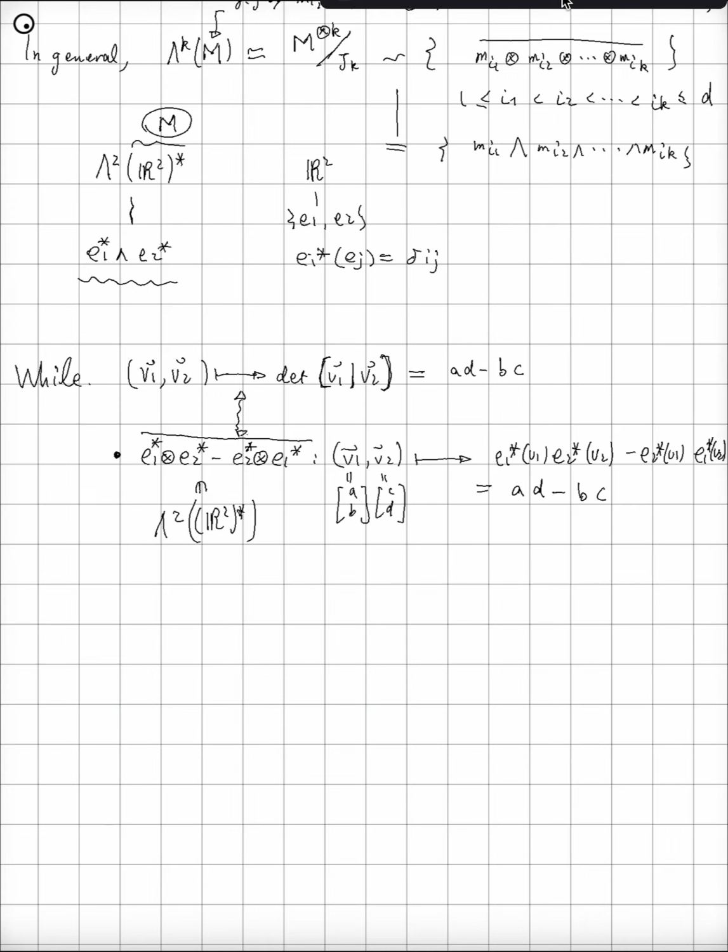And so, in other words, this corresponds to E1 star wedge E2 star minus E2 star wedge E1 star.